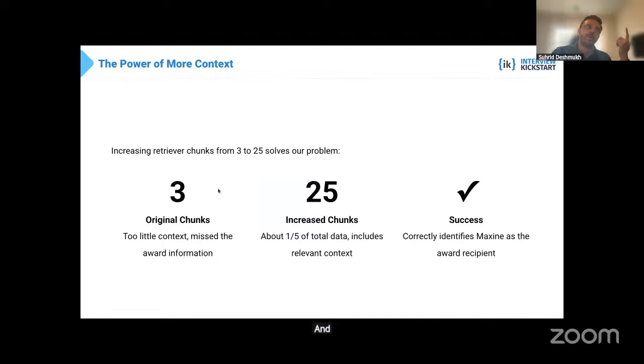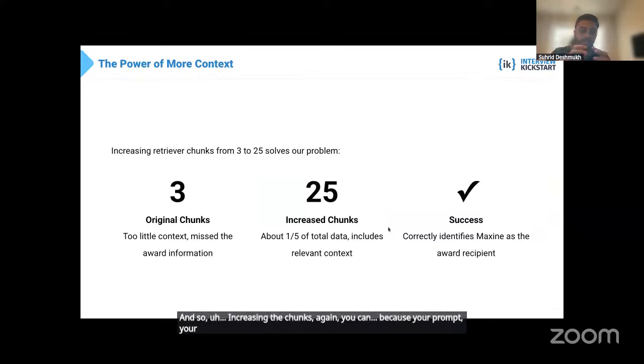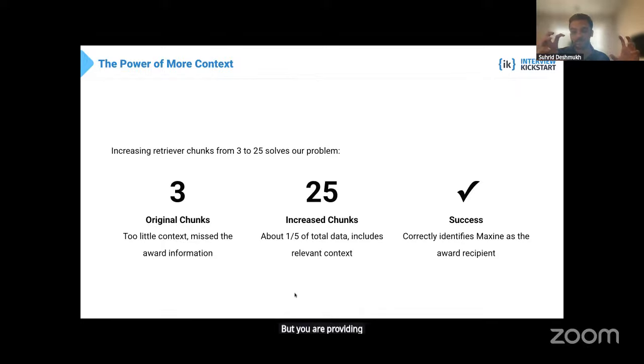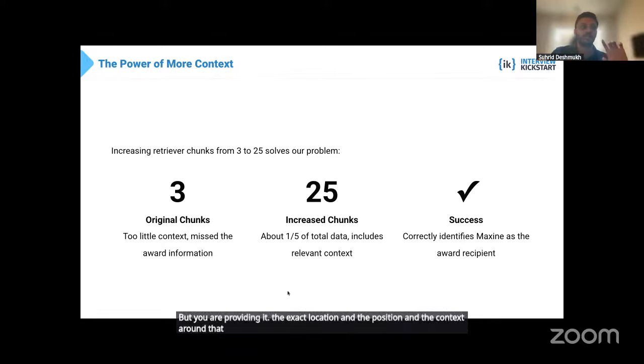And so, by increasing the chunks, because your input prompt has more context now, you are able to identify more accurate information that may be hidden. It's like identifying a needle in the haystack, but you are providing it the exact location and the position and the context around that needle. So finding that needle becomes easier.